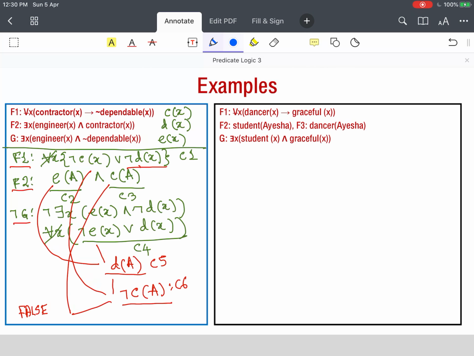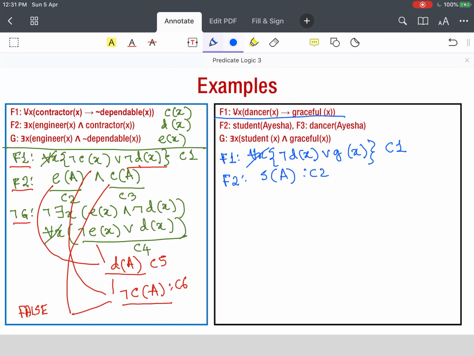Let us go to the Ayesha and the dancer example. We have F1, F2, F3 and F4 and G. So for F1, F1 is like before. We get for all x, not dancer x or graceful x. And we can remove this, and this becomes C1. From F2, we get student Ayesha.